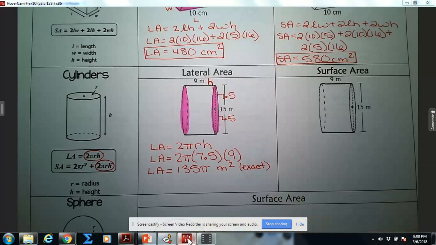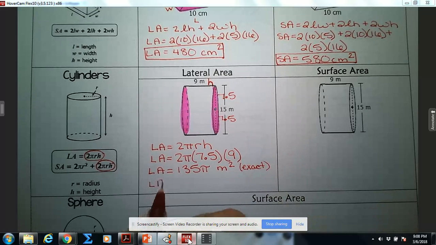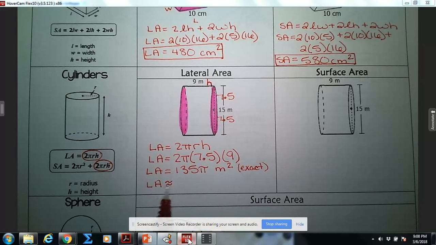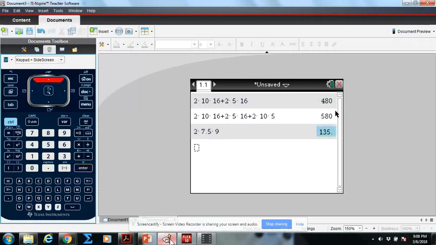That's called an exact answer. Okay. For the rounded answer, I'm going to go back in my calculator, and I'm just going to do the exact same thing, but I'm going to use the pi button this time. So now it's 2 times pi. Now pi is over here on the bottom of your calculator, kind of down in the alphabet.